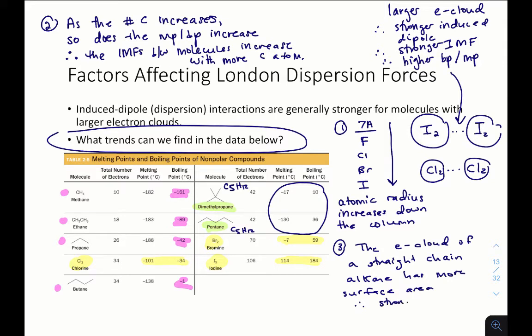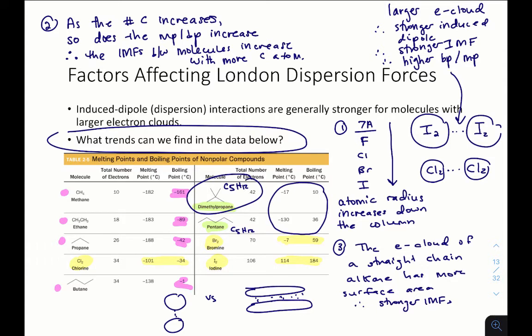So overall, there are stronger intermolecular forces of attraction between these straight chain alkanes, lots of places to make induced dipoles, versus these branched alkanes where there's less surface area, so dimethylpropane, and fewer opportunities for these induced dipole interactions to form.